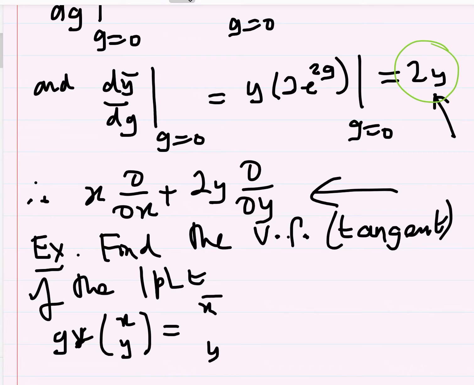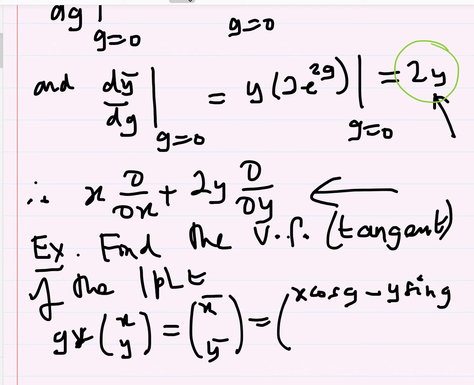The first coordinate is x bar, the second coordinate is y bar, where x bar is x cosine g minus y sine g, and y bar is x sine g plus y cosine g.